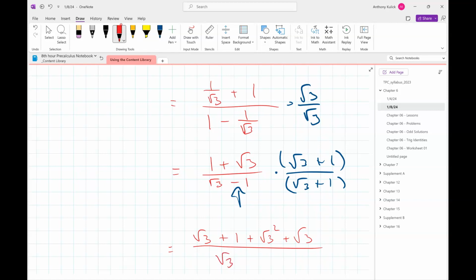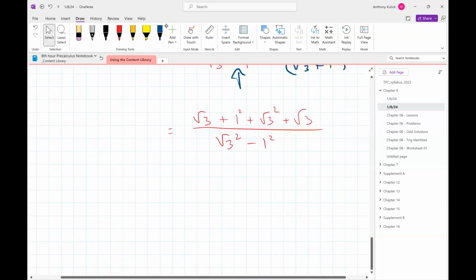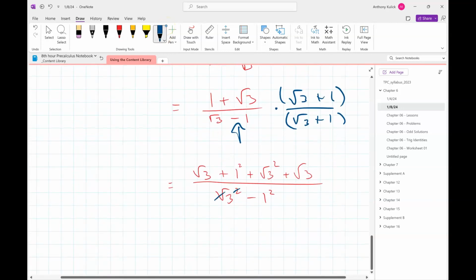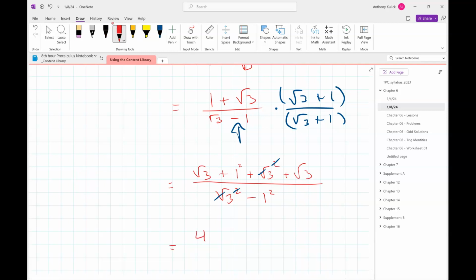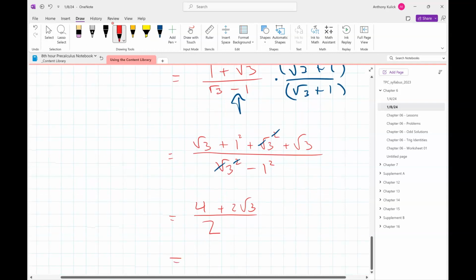And use my difference of two squares factoring pattern on the denominator. Reduce there. So in the top, I'm going to have a 4. The bottom, I'm going to have a 2. And then root 3 plus root 3 is 2 root 3s. I can do the same reducing trick that I did on the previous one. I ended up with 2 plus root 3.